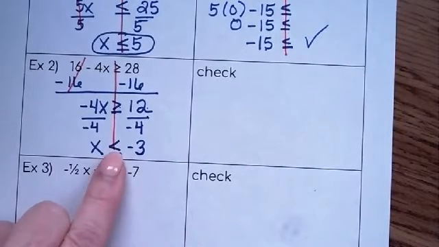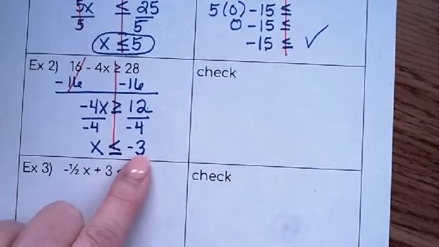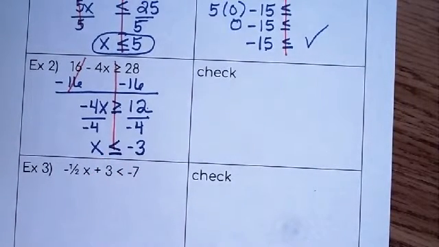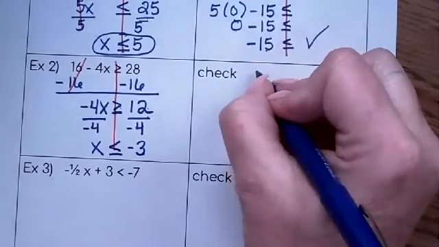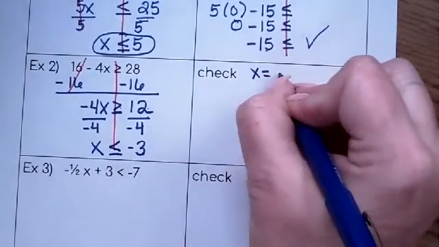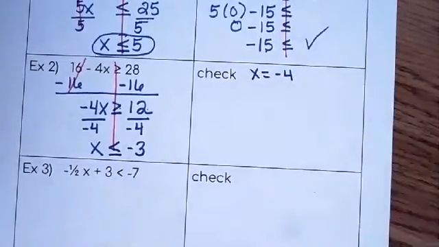Let's pick a number that is smaller than -3. Okay, now be careful. I can't do 0 this time because 0 is larger. I can check something like -4. Now, I'm not going to pick something ridiculous like 57 or something like that. I'm going to pick a nice, easy number to do math with.